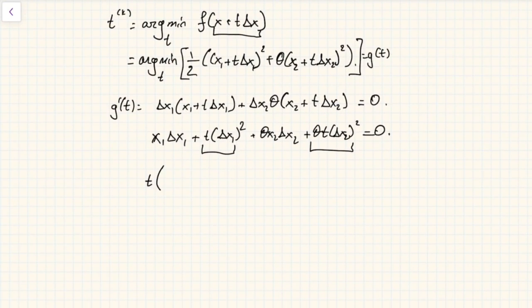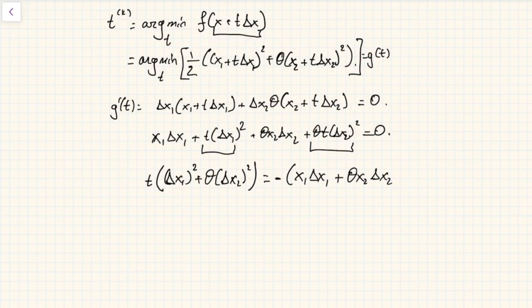So t times (Δx1 squared plus theta times Δx2 squared) is equal to minus (x1 Δx1 plus theta x2 Δx2).